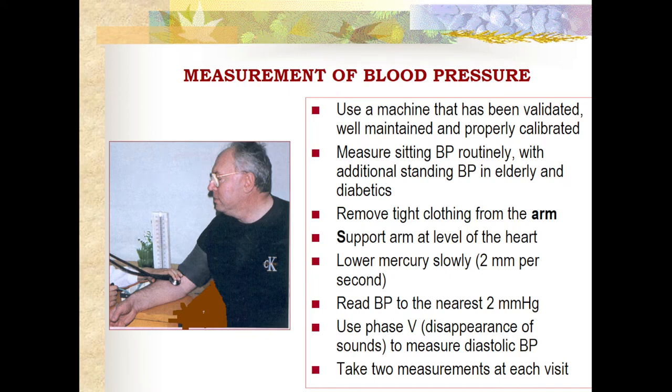Support arm at the level of the heart. Lower mercury slowly, 2 mm per second. Read BP to the nearest 2 mm mercury. Use phase 5, disappearance of sounds, to measure diastolic blood pressure. Take 2 measurements at each visit.